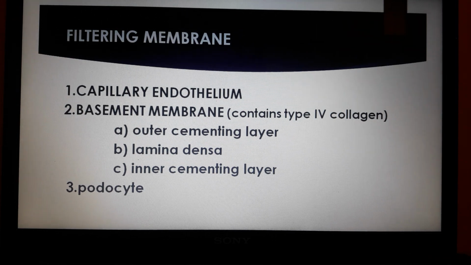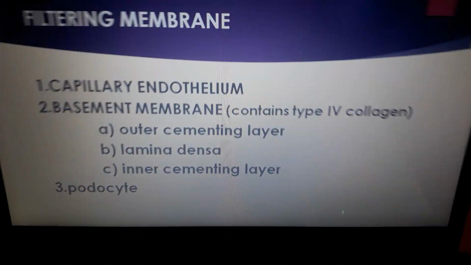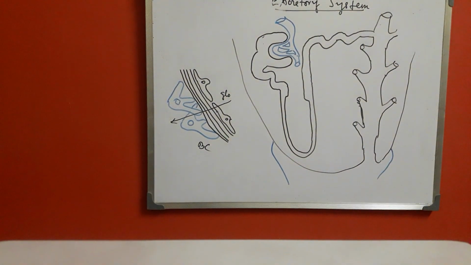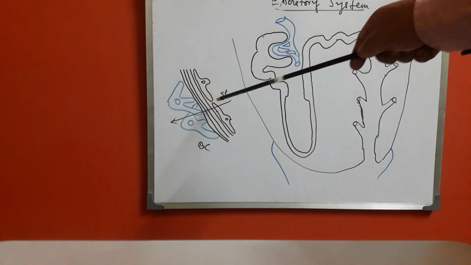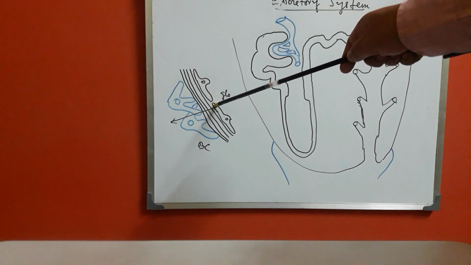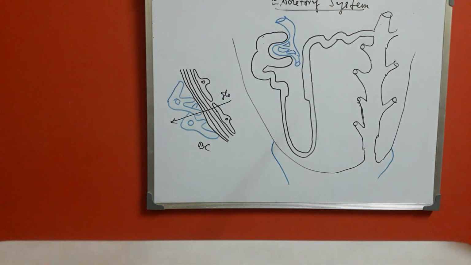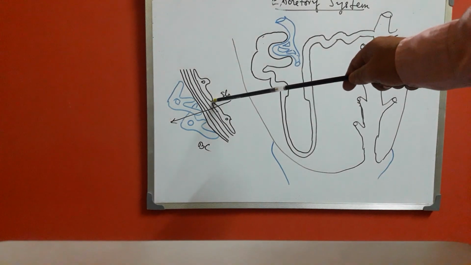And the podocytes, as I told you, have the pseudopodia, and there is a fenestration between the endothelial layer. This is the fenestration at the endothelial layer, and it has a 70 to 90 nanometer diameter.